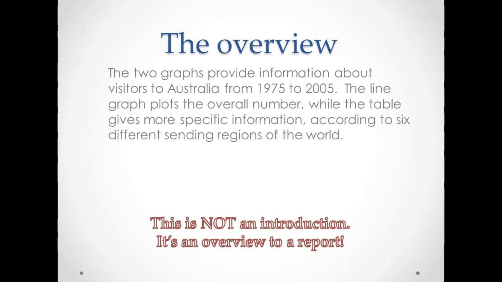So just go back to my advice. Only answer the WH questions and think about the purpose, which is to provide information about visitors to Australia from 1975 to 2005. That was the first paragraph.